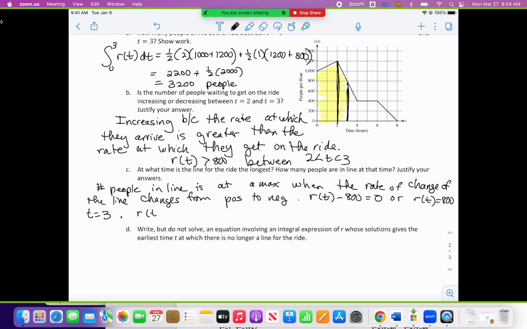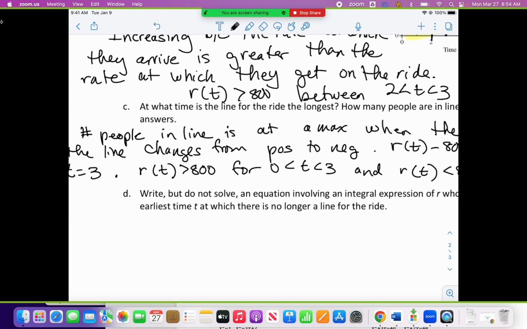And we know R of t was greater than 800 for 0 to 3, and R of t less than 800 for t greater than 3. So that's going to be your maximum.